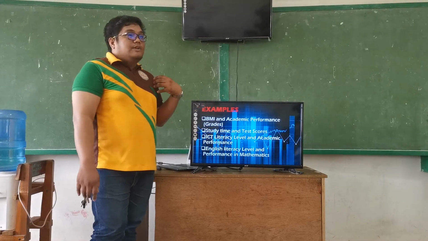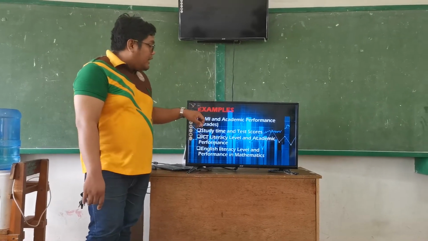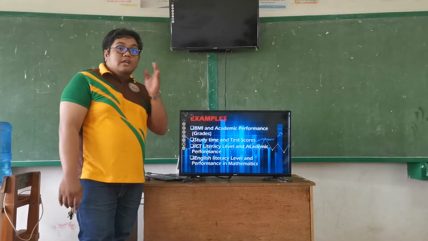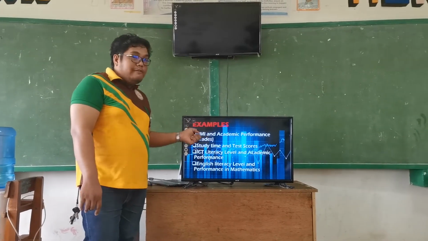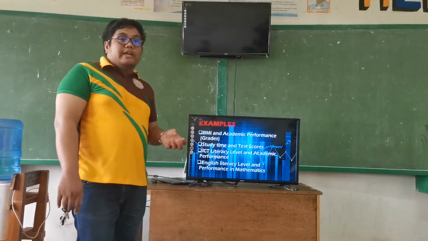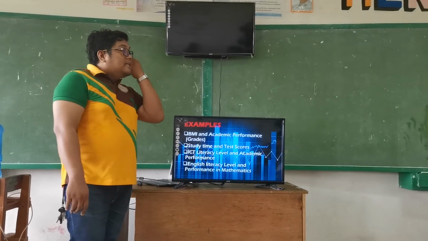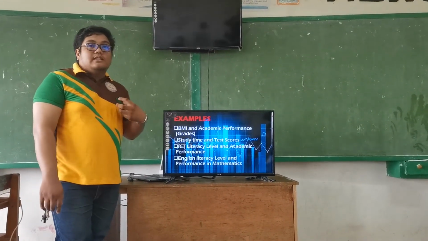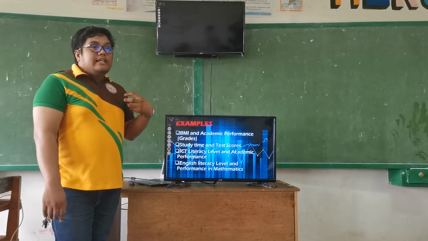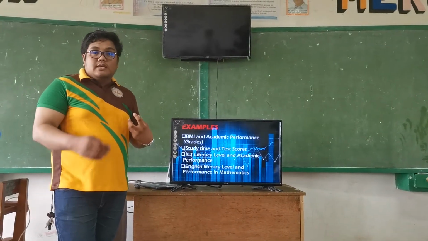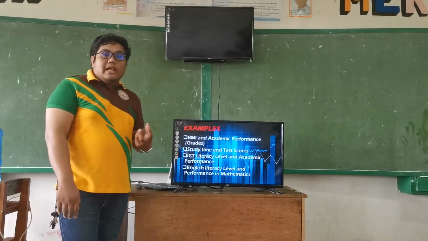It doesn't care if the BMI affects the academic performance or the academic performance affects the BMI. It can go vice versa. So that is one of its weaknesses, that it doesn't really determine causation. It just determines if they have correlation.